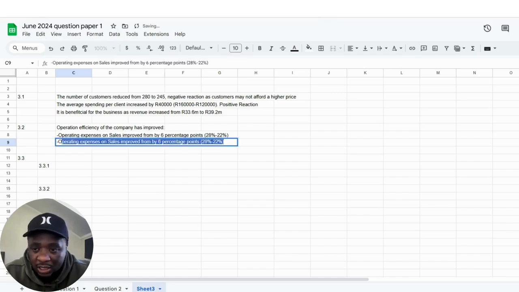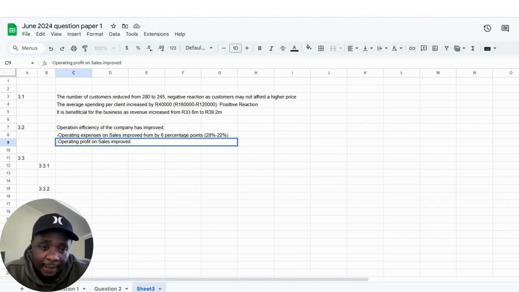And then we quote another ratio that operating profit on sales improved. How much did it improve by? Because I think you had 15.6% and 10.2%, so that's about 5.4%.